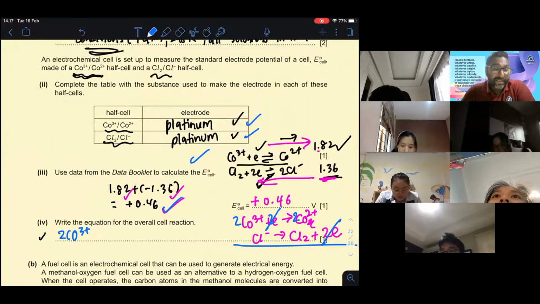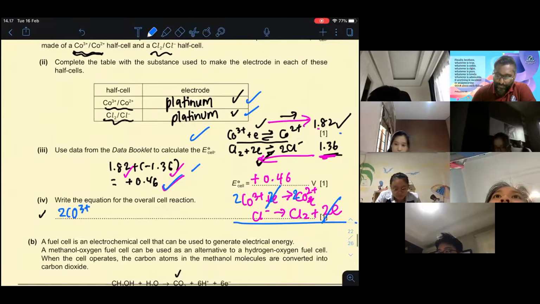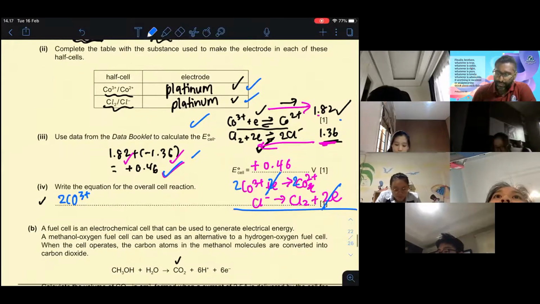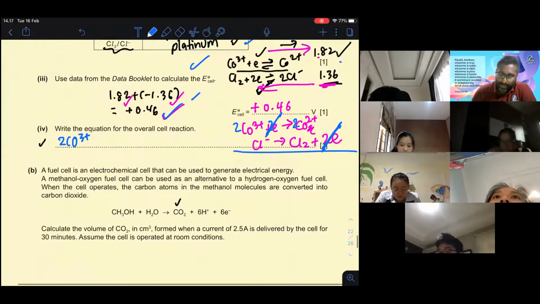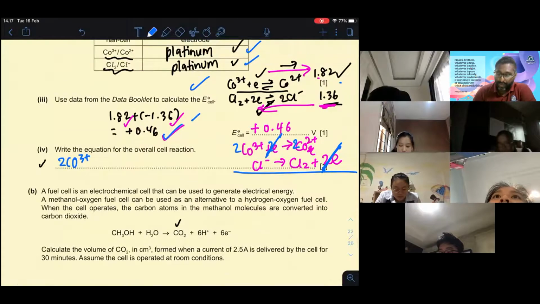Platinum and platinum, and then when you have this, you learn how to calculate. We want to include all of them, so the 2 electron and 2 electron you cancel. I want the electron to be gone, so I will have 2Co3 plus Cl minus.